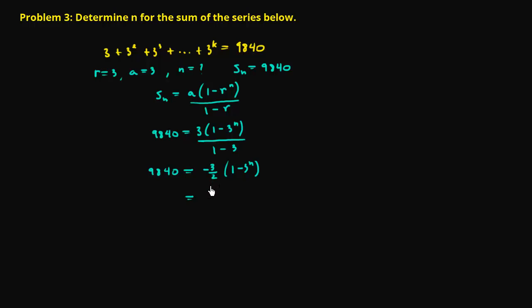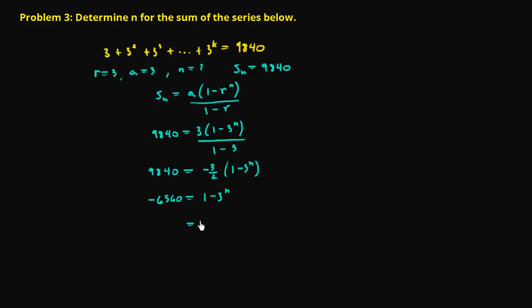So 9,840 divided by 3 is 3,280. If I multiply that by 2, I get 6,560. Since I'm multiplying both sides by negative 2/3, I get minus 6,560 is equal to 1 minus 3 to the n.